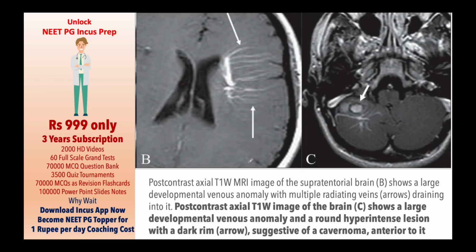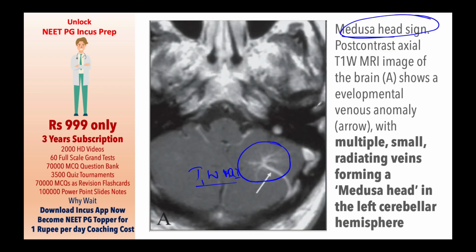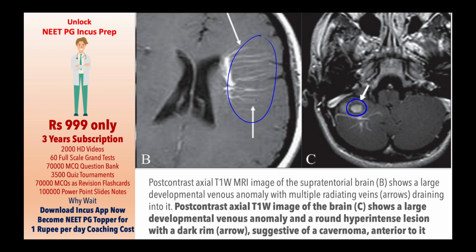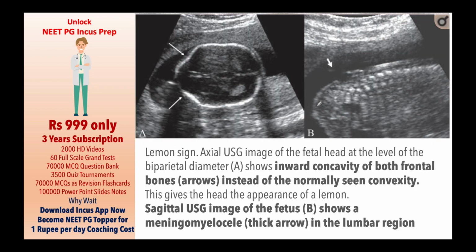And the post-contrast axial film typically shows all these developmental venous anomalies, and also you can see a cavernoma. So the Medusa head sign is typically seen whenever there is venous malformation, is what I want to underscore.